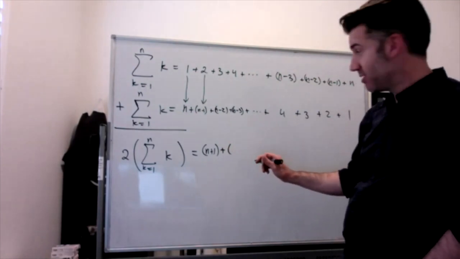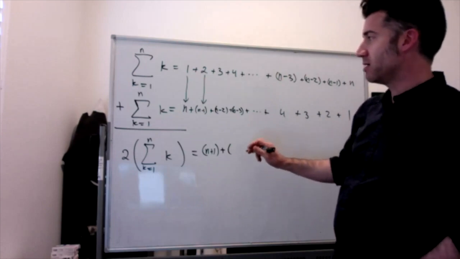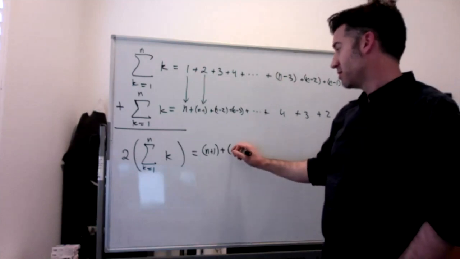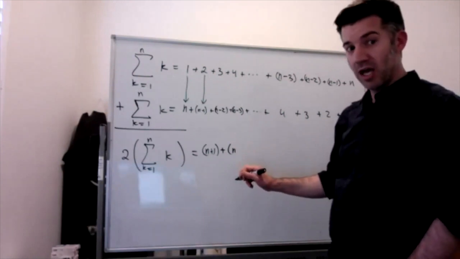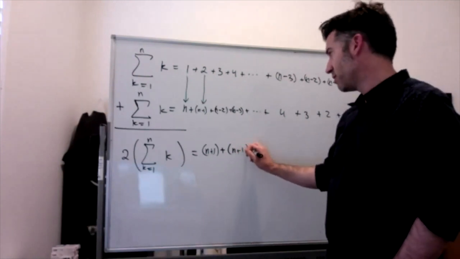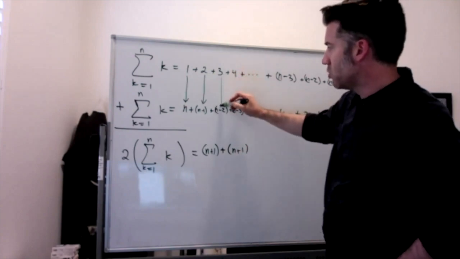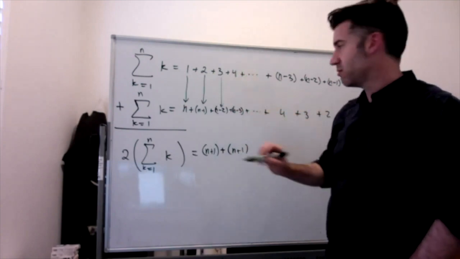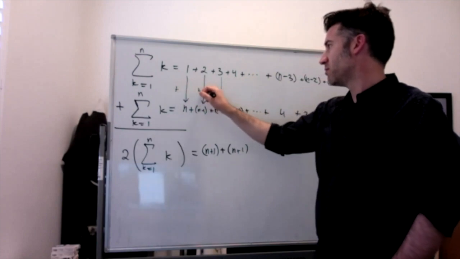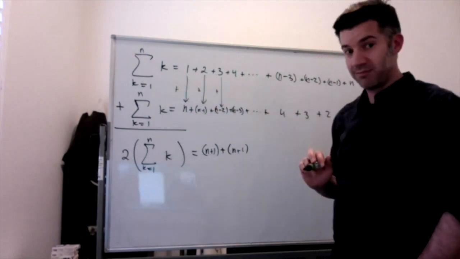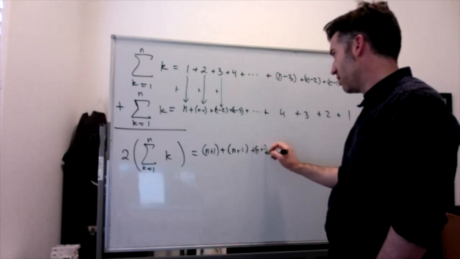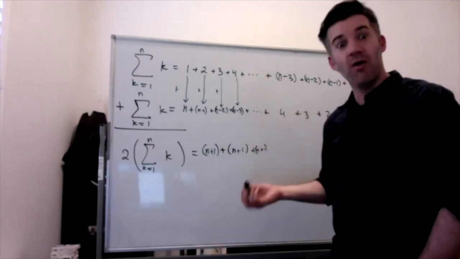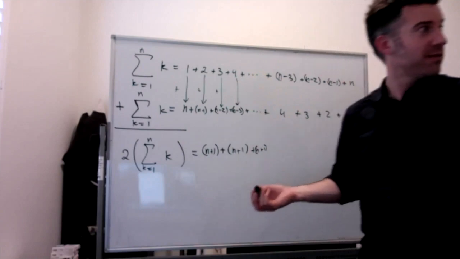It'll be n plus 1. Okay, what about n minus 2 plus 3? n plus 1 again. How about n minus 3 plus 4? Oh, n plus 1 again.